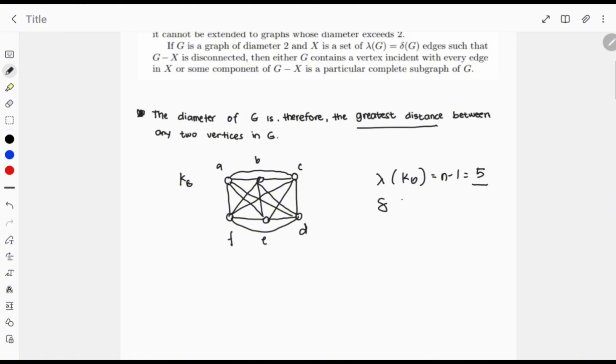And delta of K6 is also equal to 5, which is n minus 1. Thus lambda of K6 is equal to delta of K6.